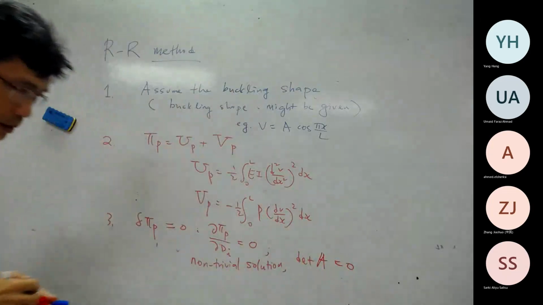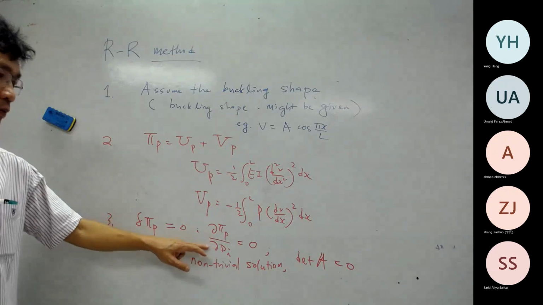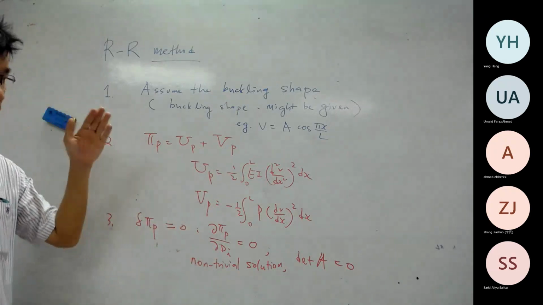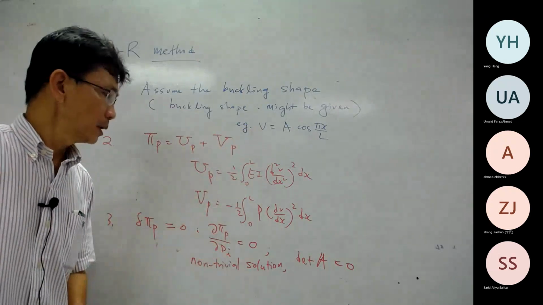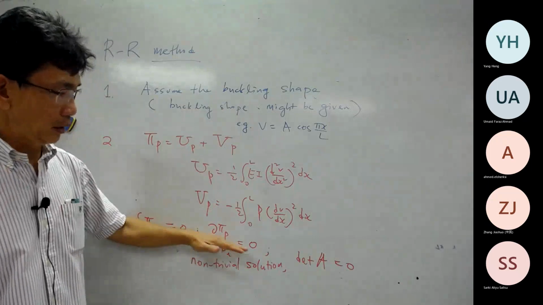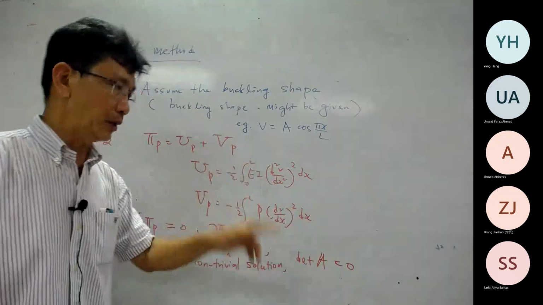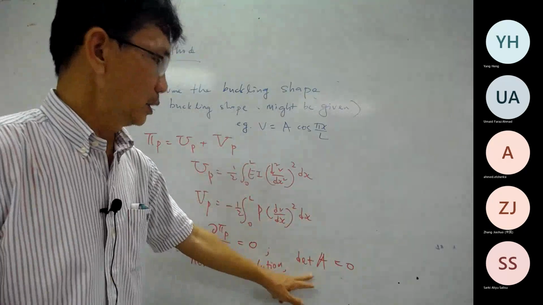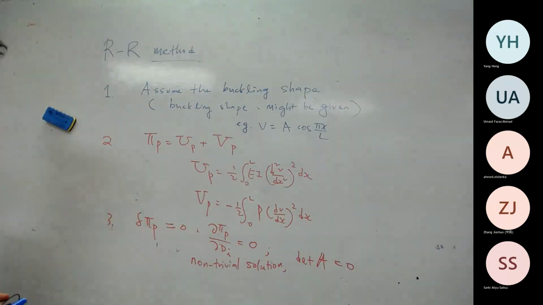You are going to get simultaneous equations, a matrix equation depending on the degrees of freedom. If you have 2 degrees of freedom, you get a matrix equation with two unknowns, then the determinant of the coefficient matrix must be equal to 0 in order to get the P critical.